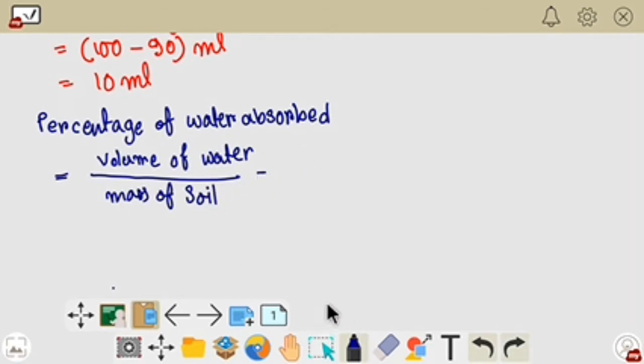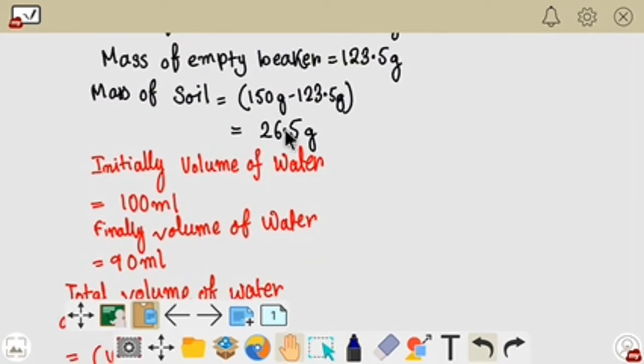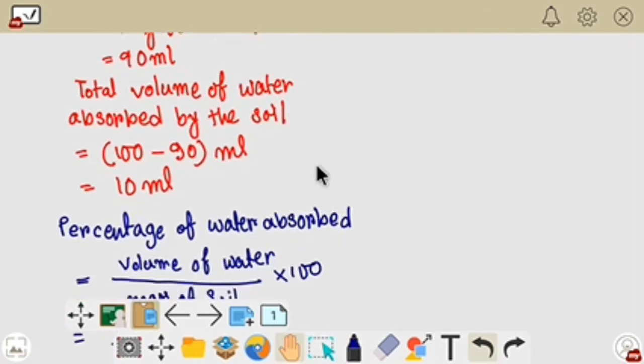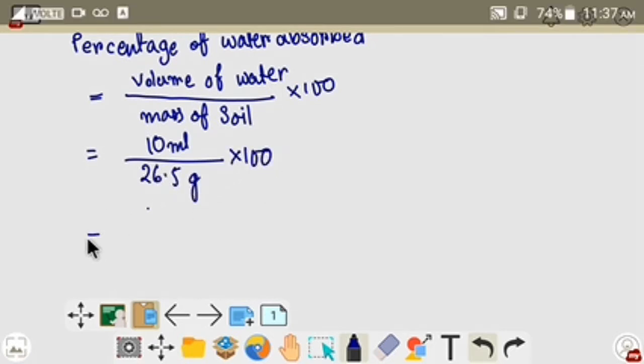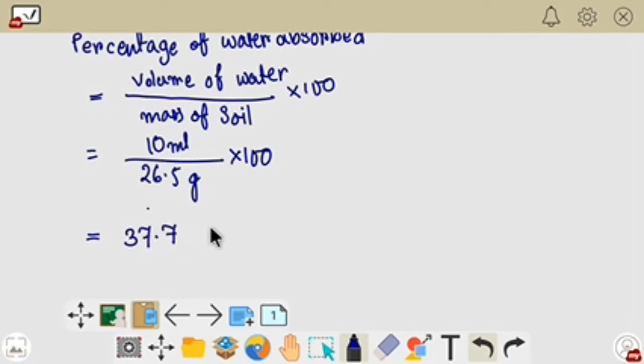Now the volume of water we get is 10 ml and the mass of the soil is 26.5 gram, into 100. After calculating we get 37.7%. So this is the percentage of water in soil, that is 37.7%.